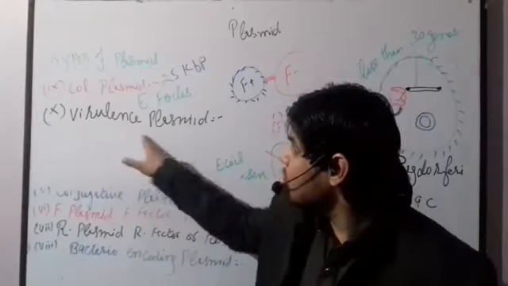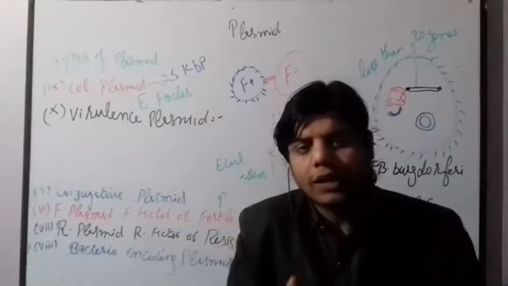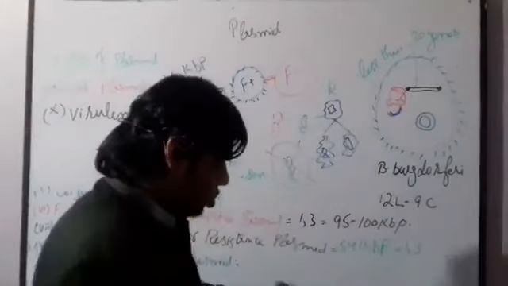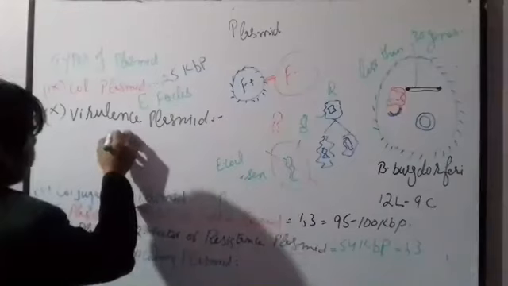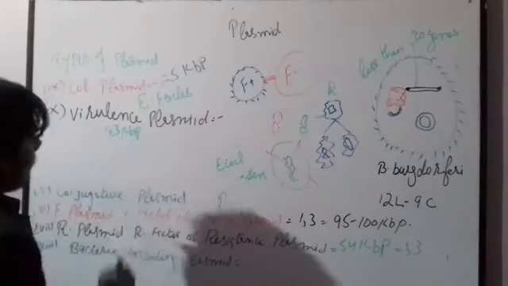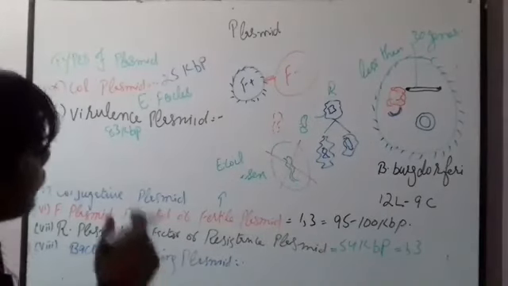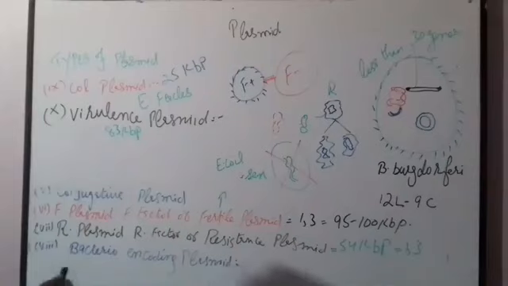The size of this plasmid will be 83 kilo base pair, and they are usually present in enterotoxigenic strains of E. coli.